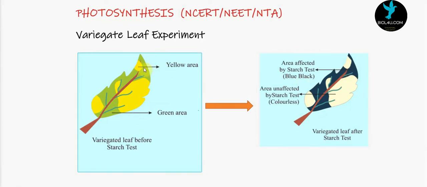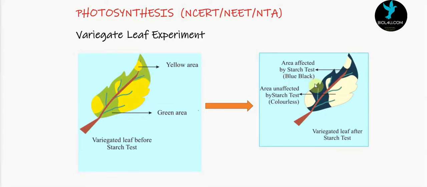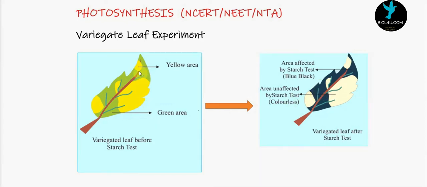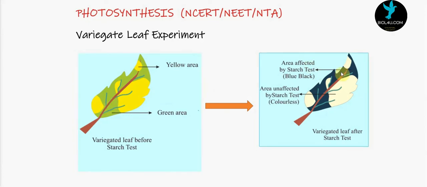So light exposed, and in the presence of light, the green colored leaf produced the food starch, and this starch gave blue color in the iodine solution. And wherever the green color is not there, it shows only the white patch. That means photosynthesis did not take place there, and took place only in the green region.